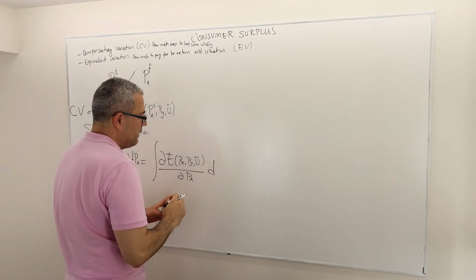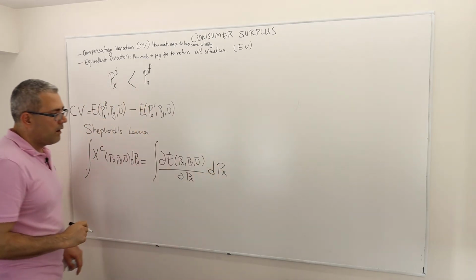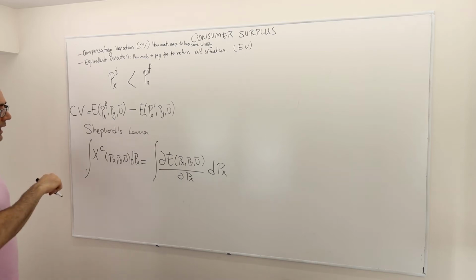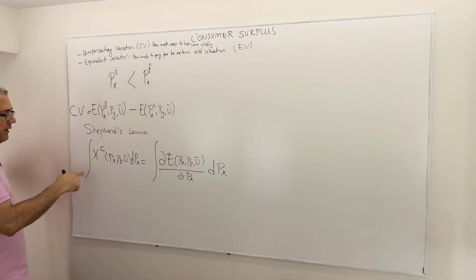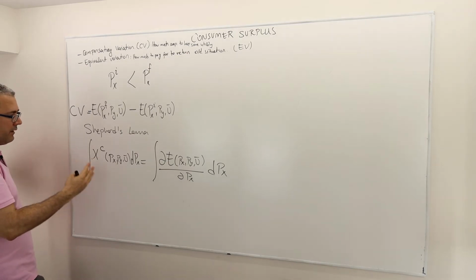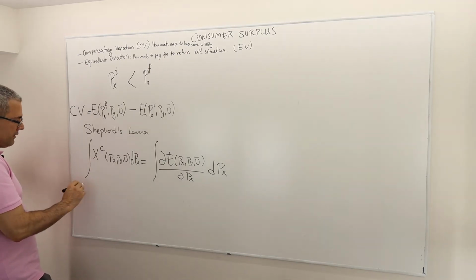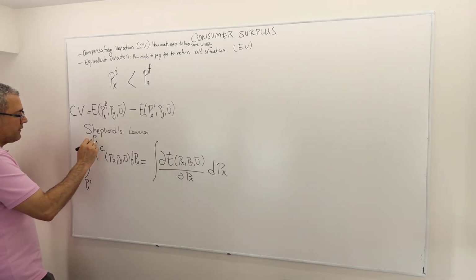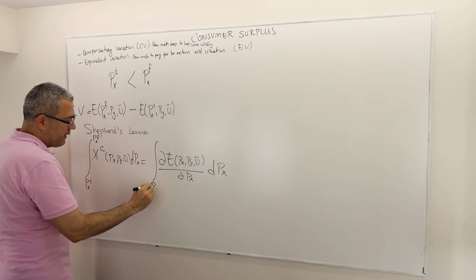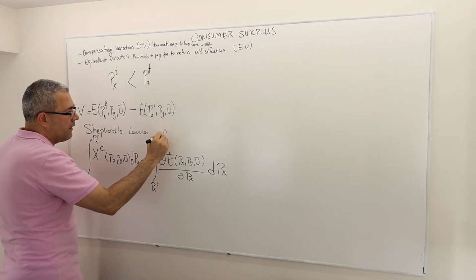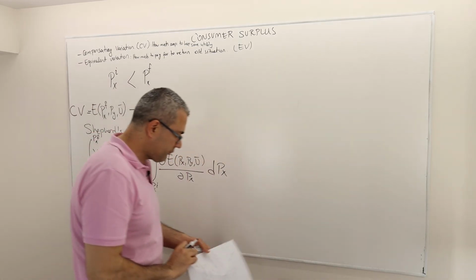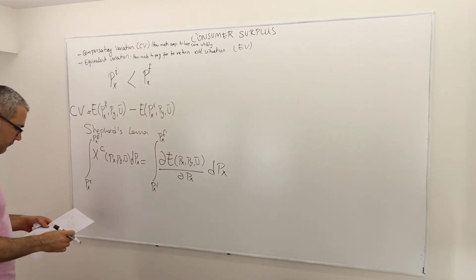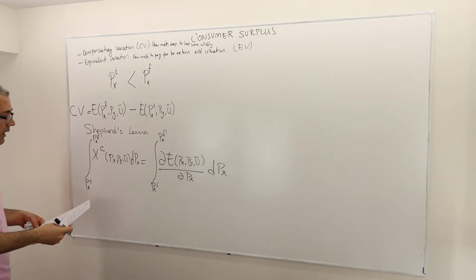So dpx. Okay, so what does that mean? By the way, this is a definite, not indefinite, integral. The price was initially px initial, and then it's px final. So I increased px initial to px final. All right. So what I do have is sort of simple, right?